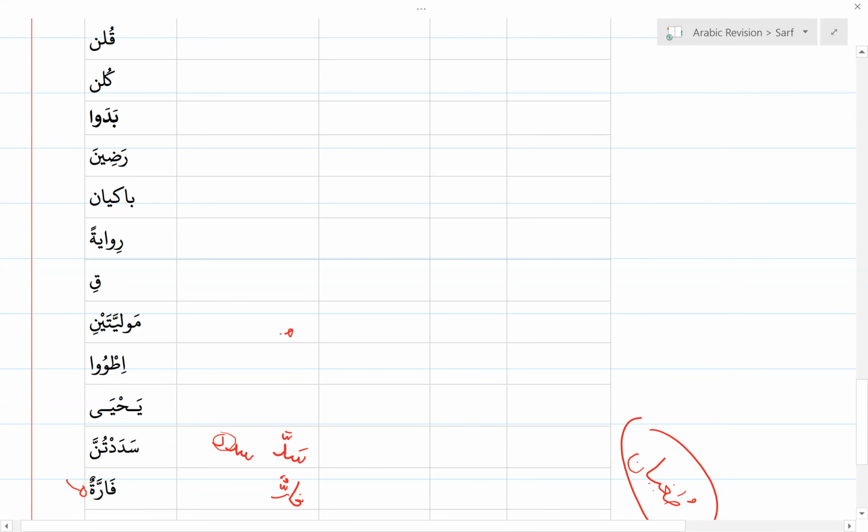And in this case, because it has a ta, this is going to be the female version. So mawlayyatun. That's our muslimatun chart happening there. If you take it to the huwa version, it's going to be mawlayyun.